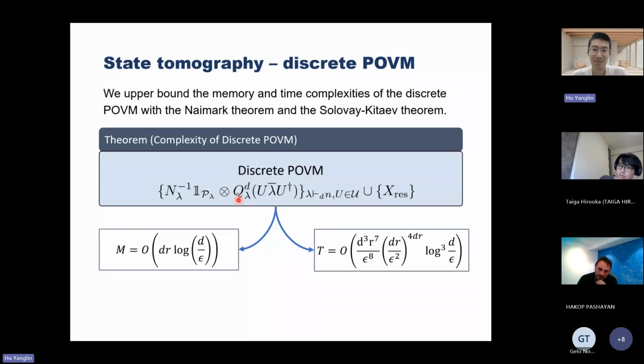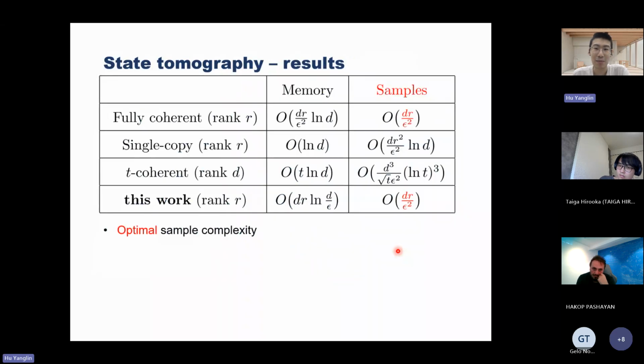So we didn't optimize the time complexity, which is indeed very bad. But in this paper, we mainly focus on the sample complexity and the memory complexity. Okay, so maybe I just compare to some other previous work.